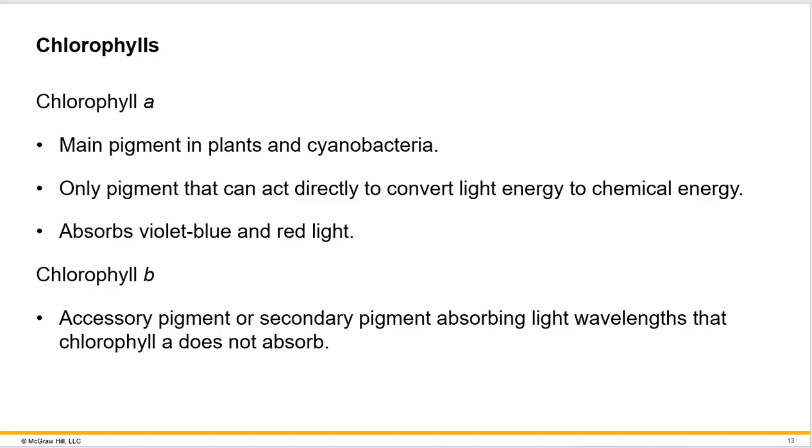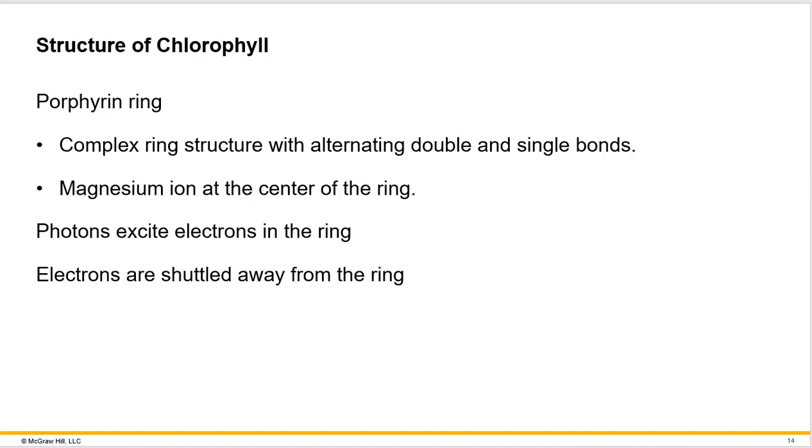Chlorophyll B is an accessory pigment that absorbs wavelengths that chlorophyll A does not absorb. So it kind of picks up what chlorophyll A doesn't. The porphyrin ring is a ring structure with alternating double and single bonds, and it's part of the chlorophyll structure too.